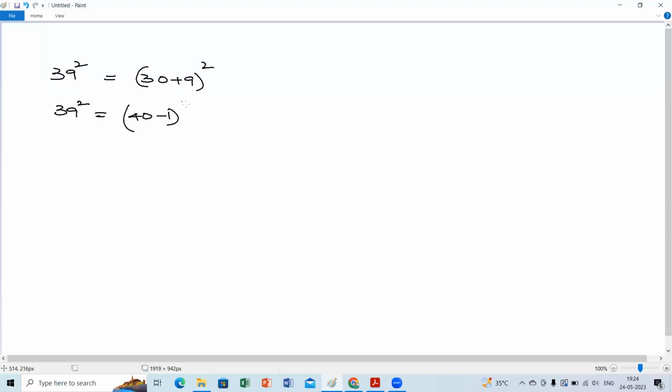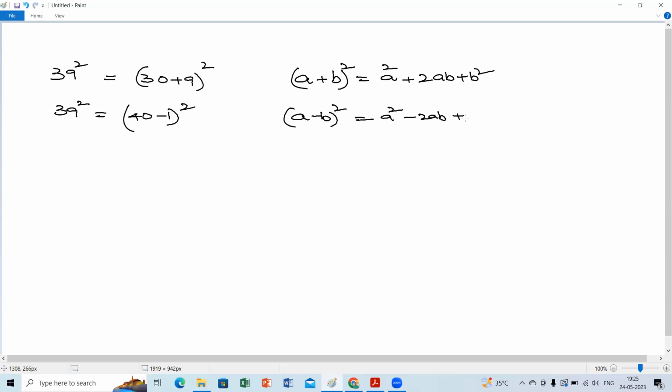You can use any identity: A plus B whole square or A minus B whole square. A plus B whole square is A square plus 2AB plus B square. And A minus B whole square is A square minus 2AB plus B square. These are the two identities.